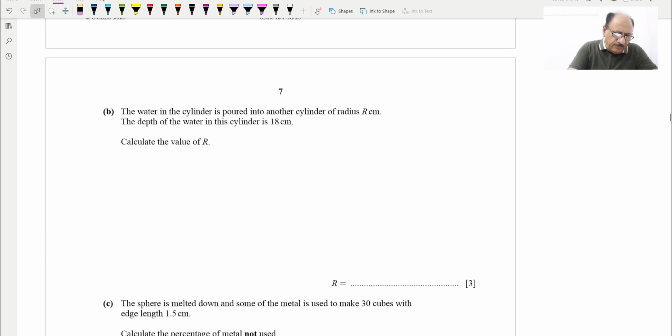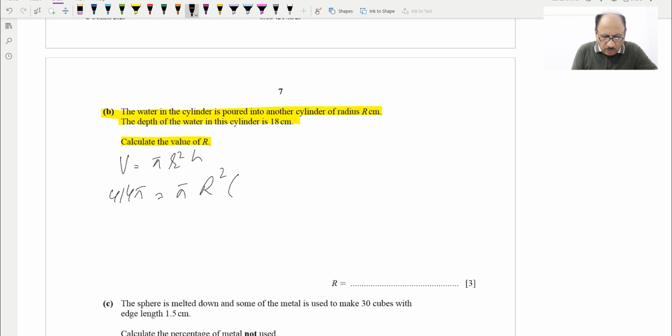Now part B says the water in the cylinder is poured into another cylinder of radius capital R. The depth of the water in this cylinder is 18 centimeter. Calculate the value of R. So the volume of a cylinder is pi r square h, and the volume we just calculated, 414 pi, is equal to pi into capital R square into height, which they are telling us is 18 centimeter.